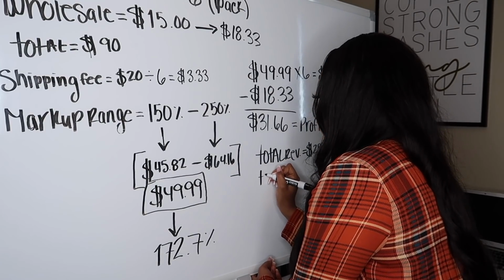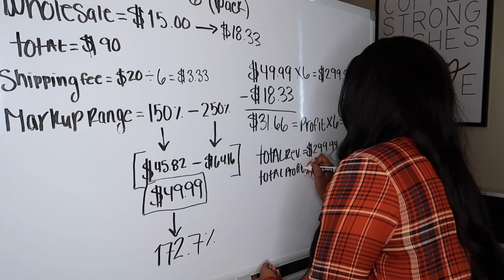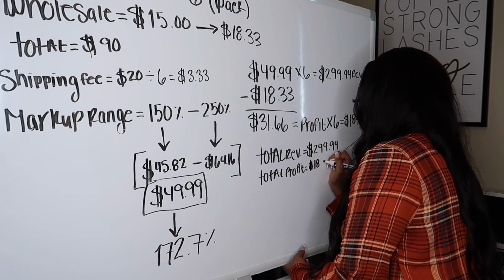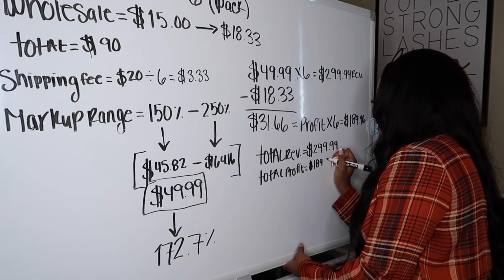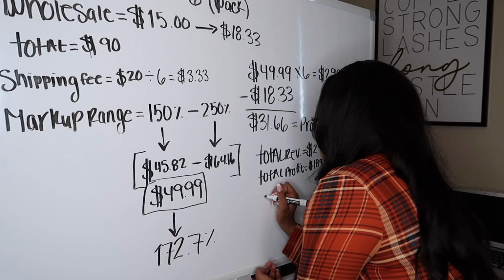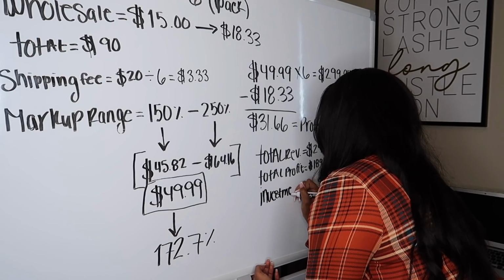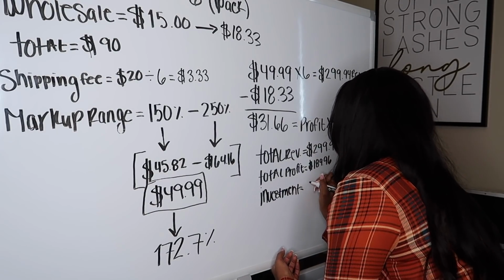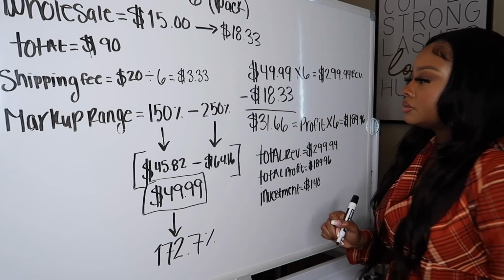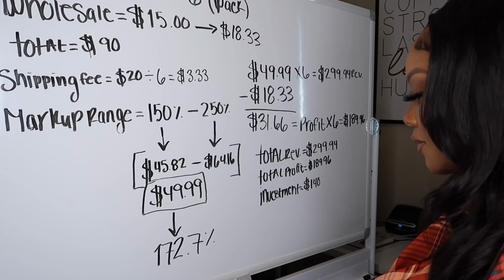And then we know our total profit is going to be $189.96. And then we know our initial investment. You always make sure that you know what your investment was. How much money did you invest into those products? We only invested $140.